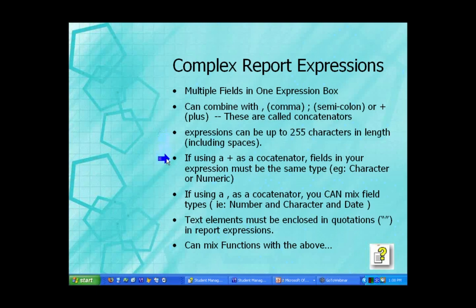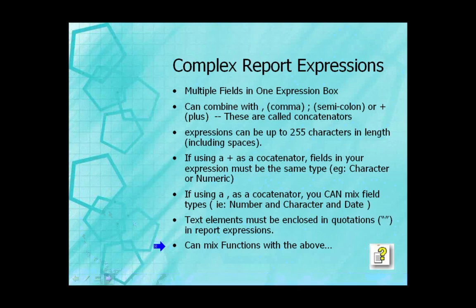If you're using a plus, all of the fields in the expression must be the same type. Think of it as a common denominator when you're doing multiplication or division with fractions. If you're using a comma as a concatenator, you can mix field types, which has advantages. You can embed text inside an expression box if you put it in quotes, and you can add functions to the mix. So a lot of options, and we'll start to look at those.